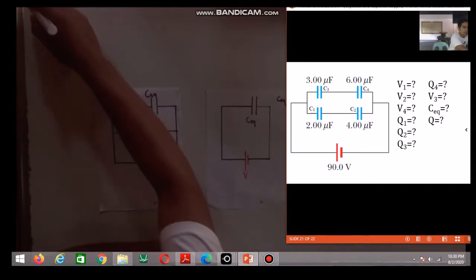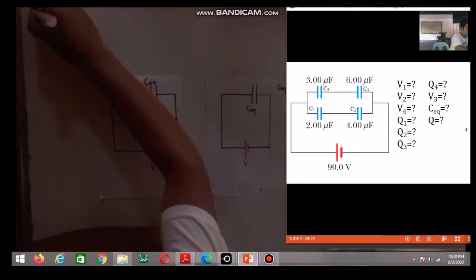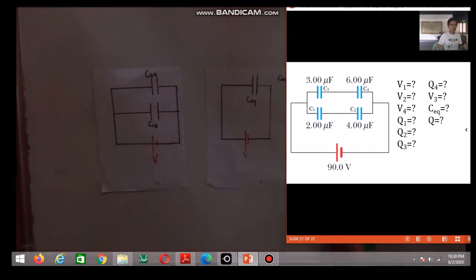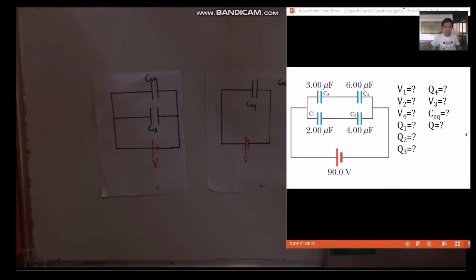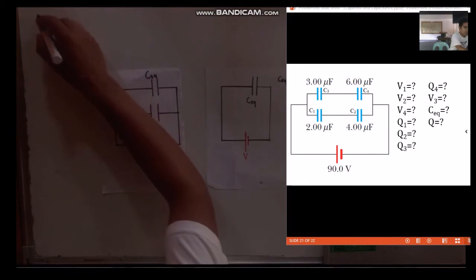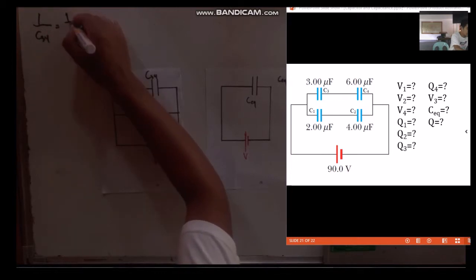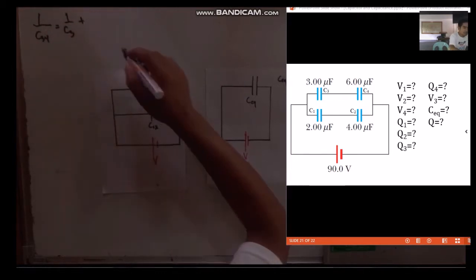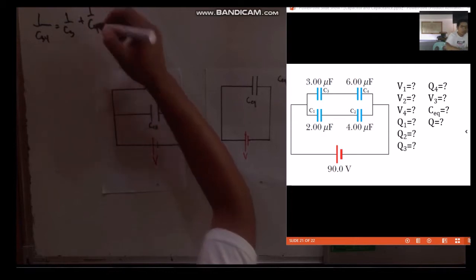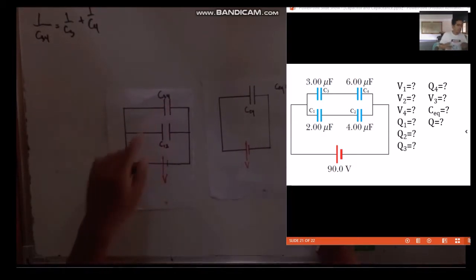So 1 over C34 must be equal to 1 over C3 plus 1 over C4, since these two capacitors are connected in series.